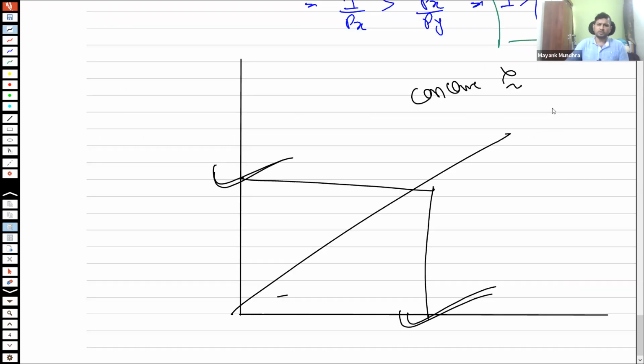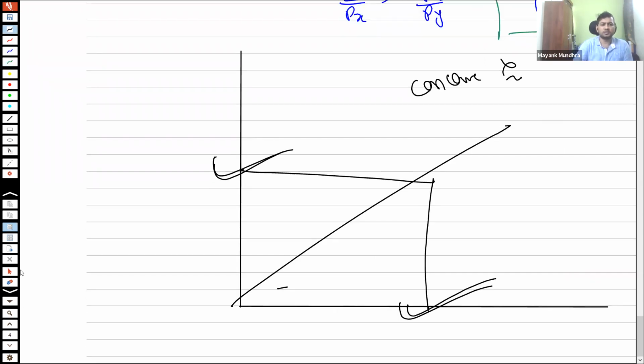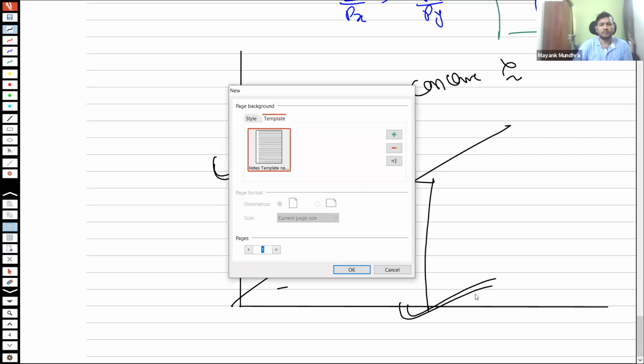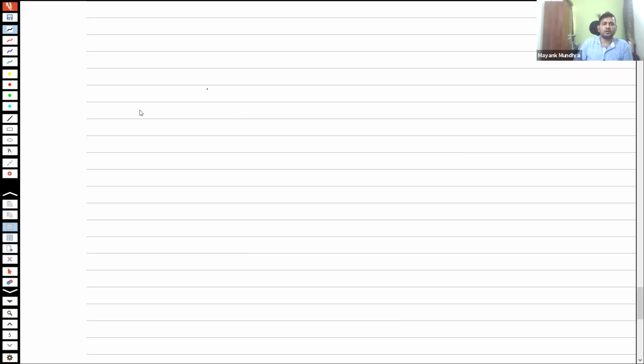How do you plot it? Let's look at some simple way to plot it without using derivatives and everything. So 2x plus y square equals 20. This implies that x equals 10 minus y square by 2.